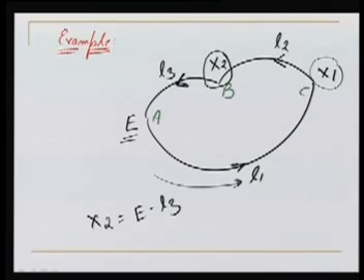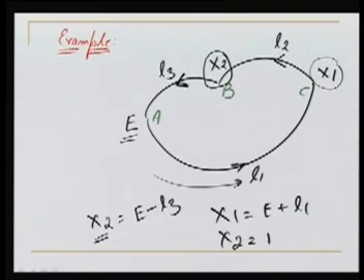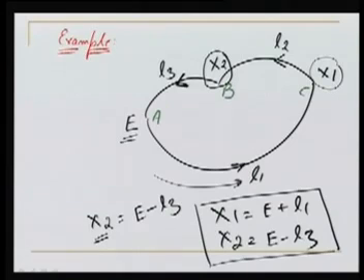So we have to just take into account the sign. That's why I am writing minus here. So X2 can be determined this way also. So X1 and X2 both are known, E plus L1 and E minus L3. Alright, so it will give me one unique solution.